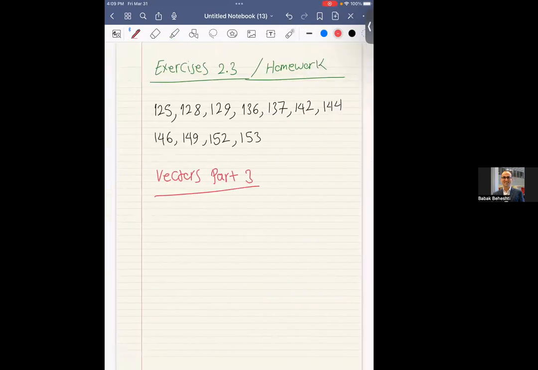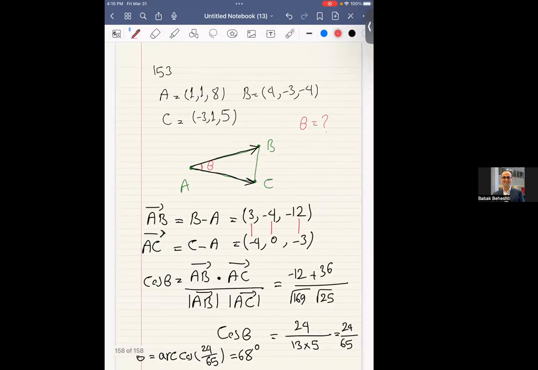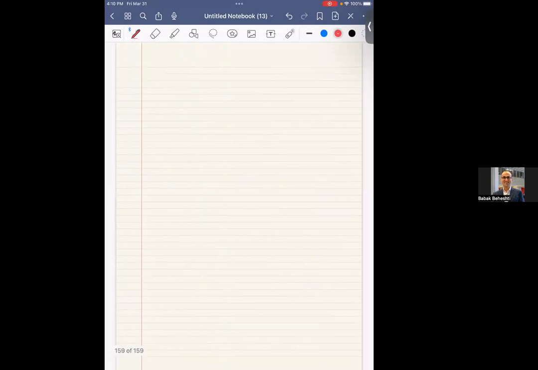Okay, so now I want to introduce another operation on vectors, which is called the cross product, or sometimes the exterior product.